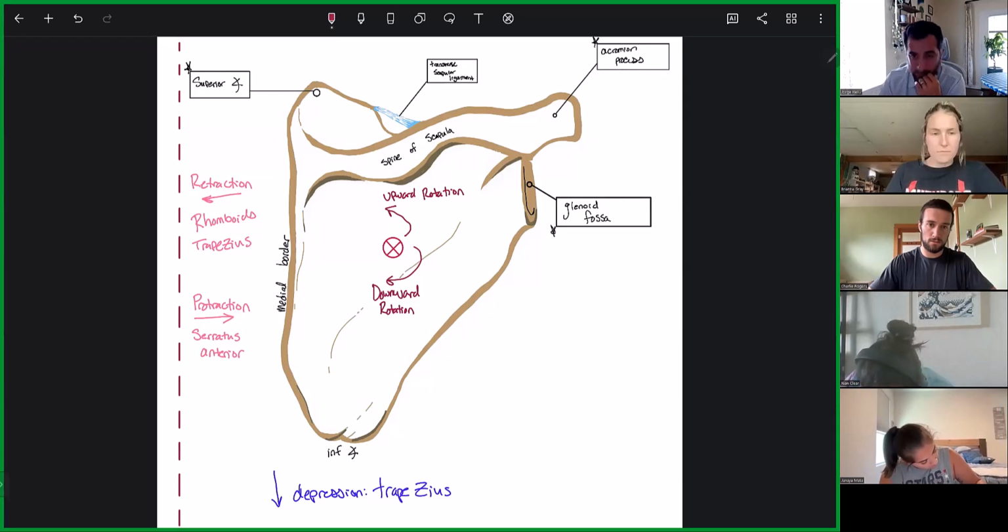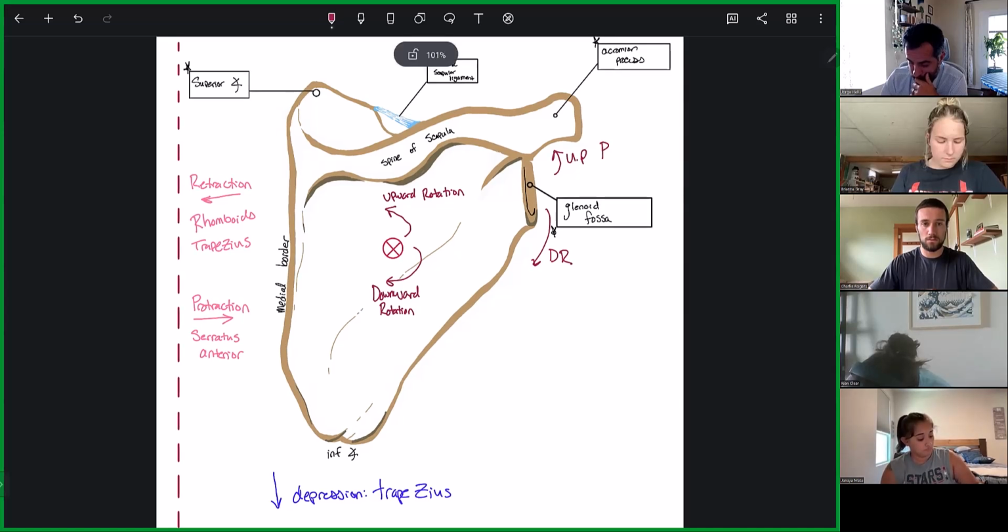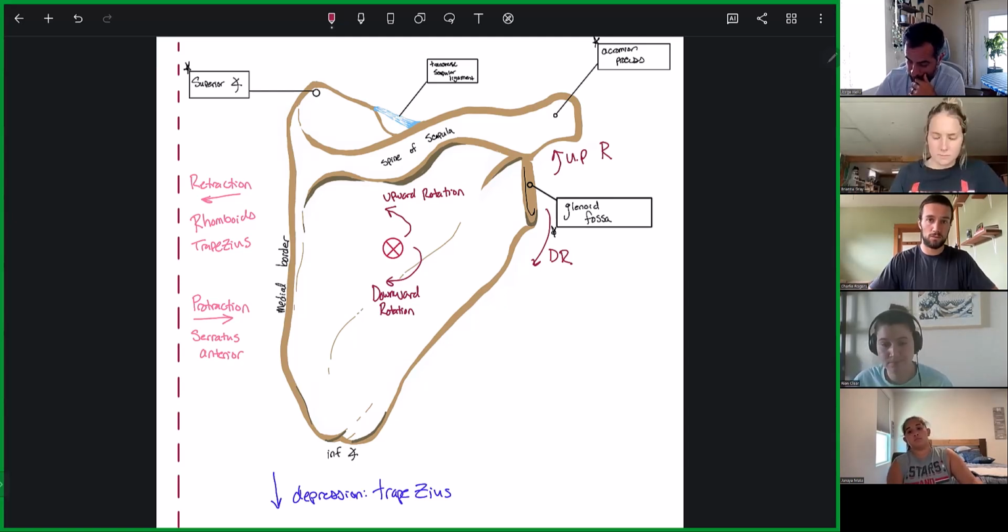So showing and moving the glenoid fossa up is upward rotation, and moving that joint downward would be downward rotation. So up rotation, down rotation. If you want to move your arrow closer to the glenoid fossa, that may be easier to think about: showing that flat cuppy surface up and then showing that cuppy fossa down.